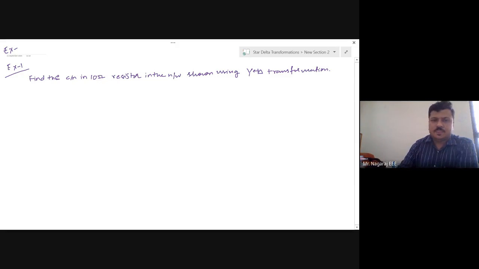So the circuit shown is the same circuit that I had taken in the general discussion at the start of this section.